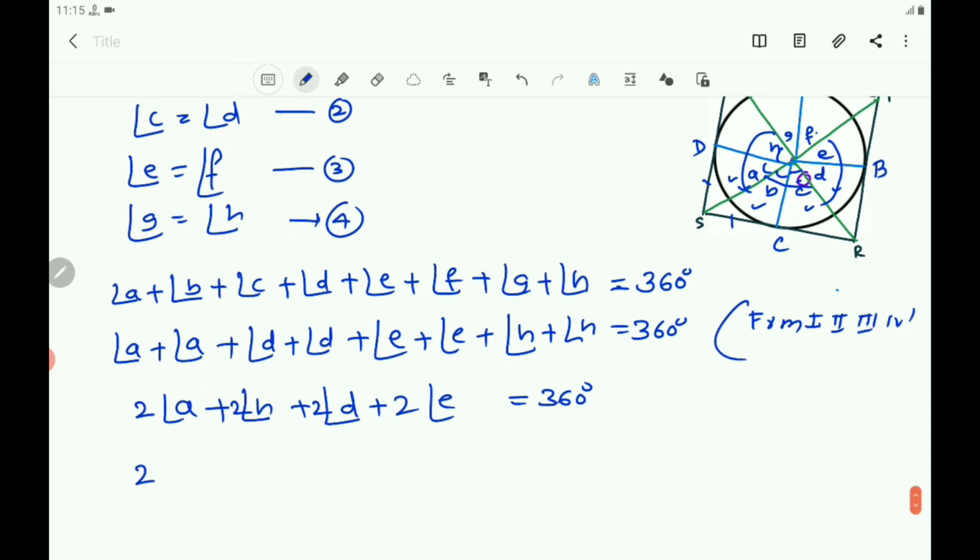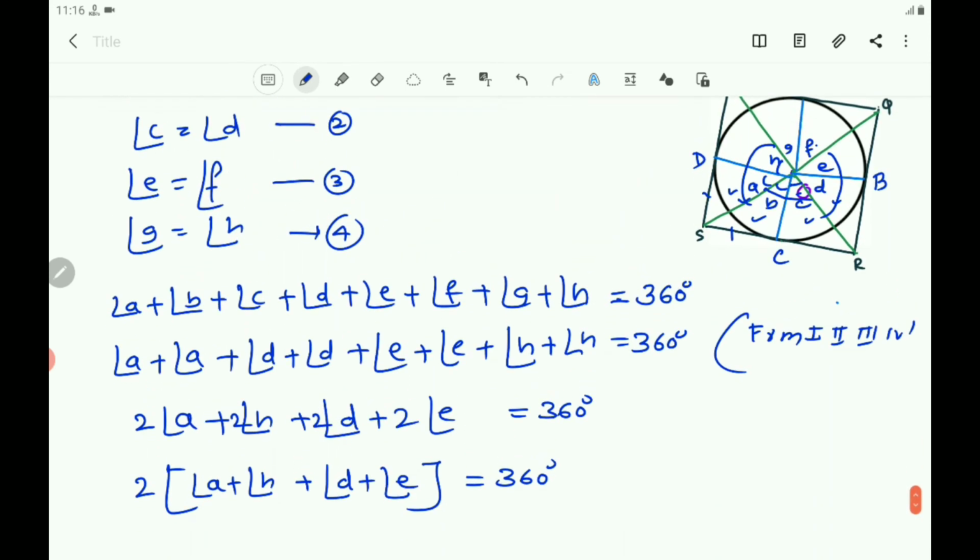Then you remove 2 outside as a common factor, that becomes angle A plus angle H plus angle D plus angle E equals 360 degrees divided by 2.